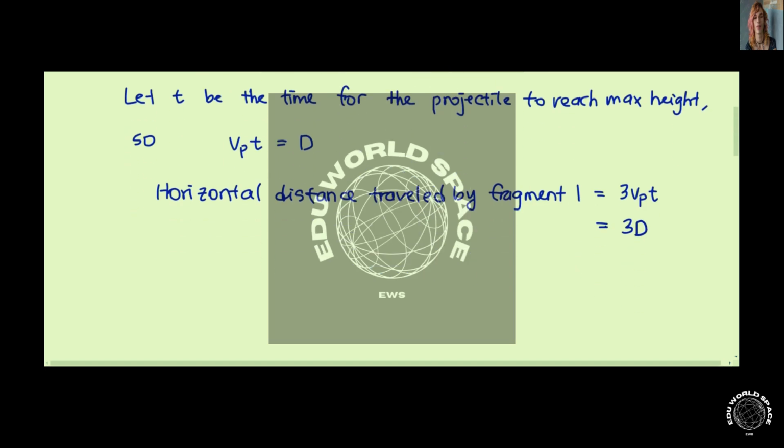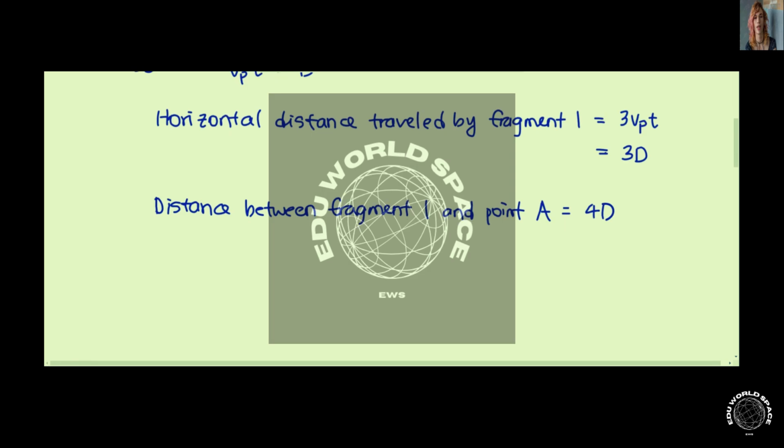So the distance between fragment 1 and point A is equal to 4d, from the diagram.